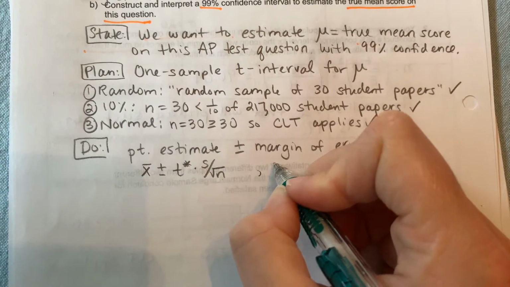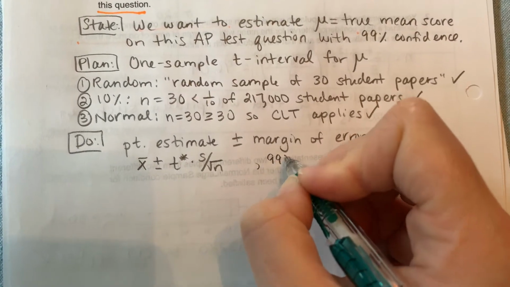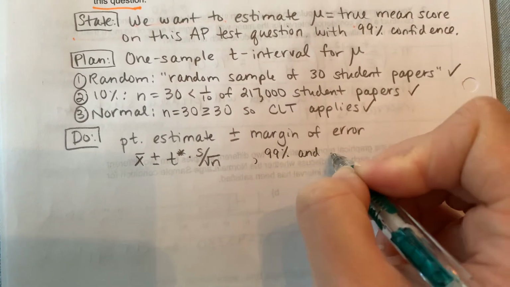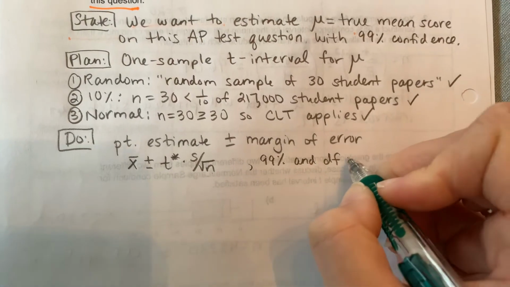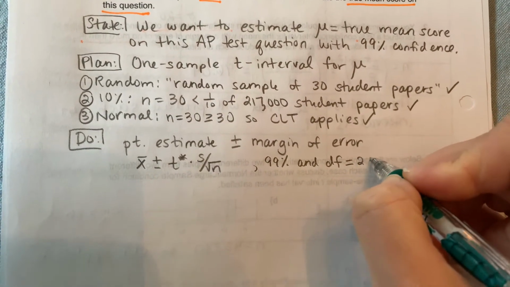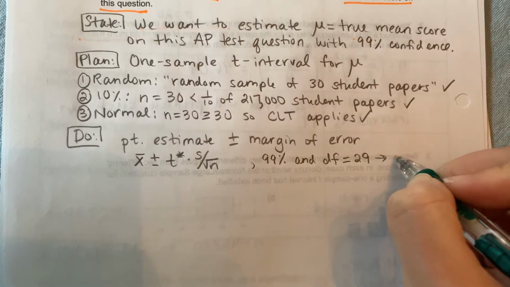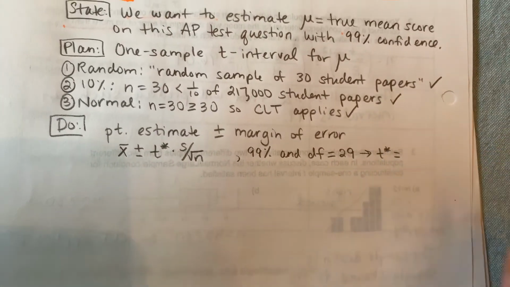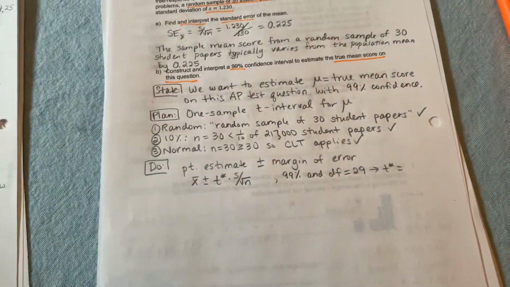So let's see, we have a 99% confidence level, and our degrees of freedom, that's the other thing we need to know, would be n minus 1. So 30 minus 1 is 29. So what does that give us for t star? Let's see if we can use table A3 this time.